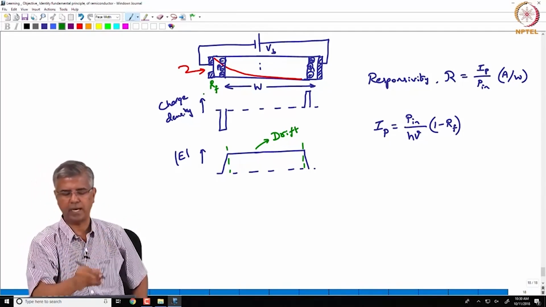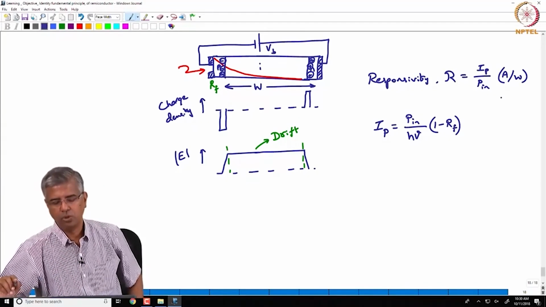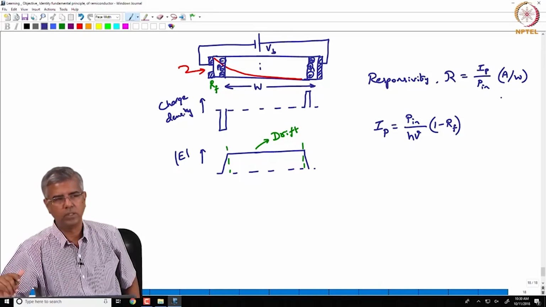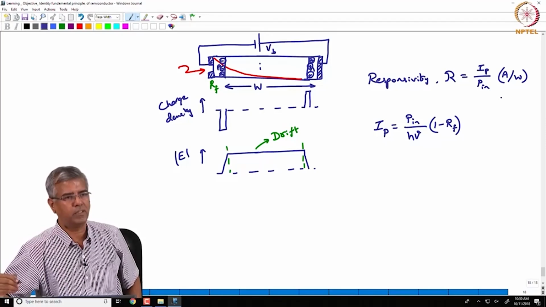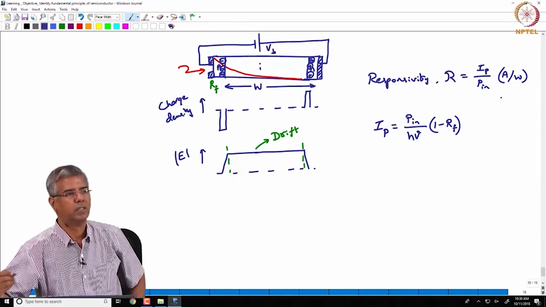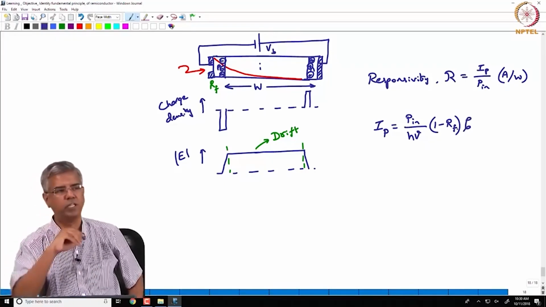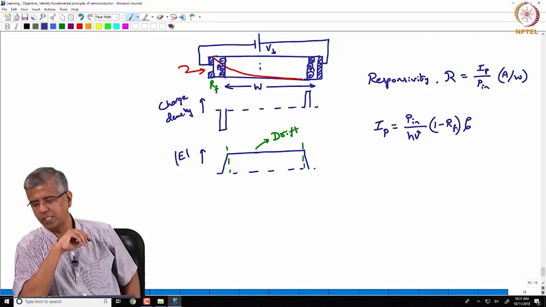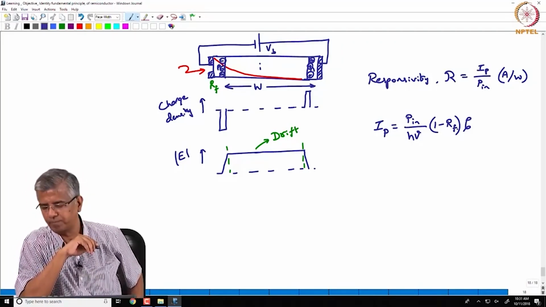Okay. So, 1 minus RF is what is coming in, and those photons are going to generate electron hole pairs, and that is actually a sort of a quantum phenomenon. So, it is not like every photon generates an electron hole pair. There is a certain efficiency with which that conversion happens. That efficiency we will denote as zeta, right.